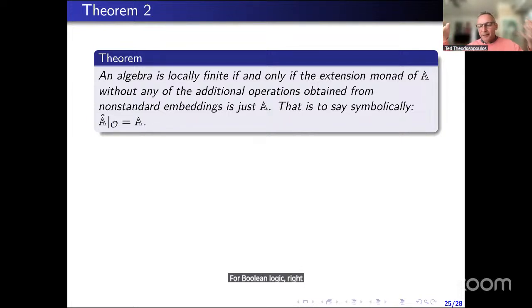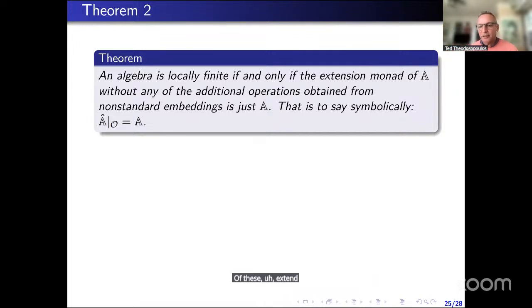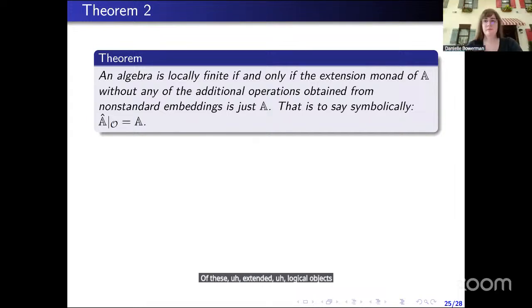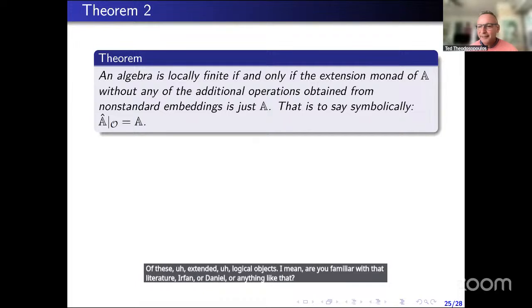These bigger sets, or towers of infinite sets, could be used as models of these extended logical objects. Are you familiar with that literature, Irfan or Danielle, or anything like that?